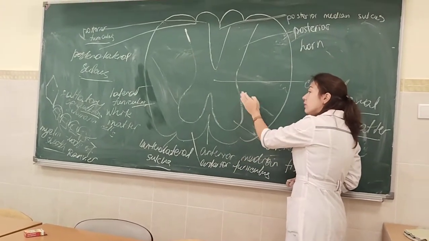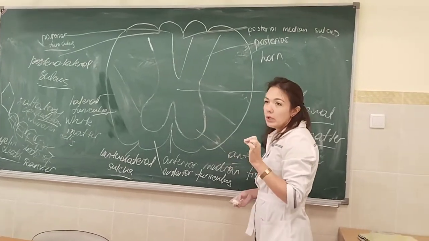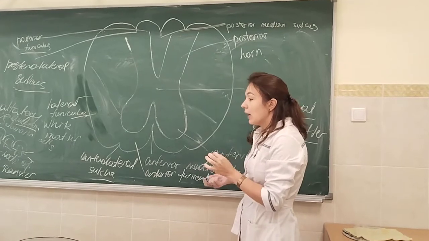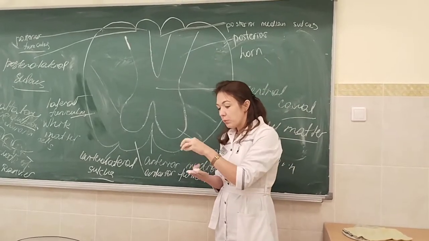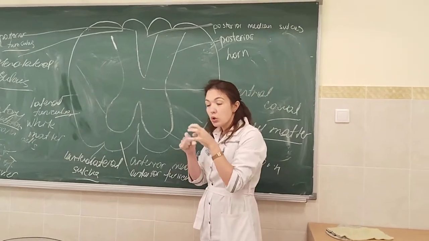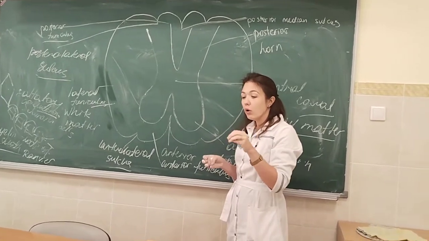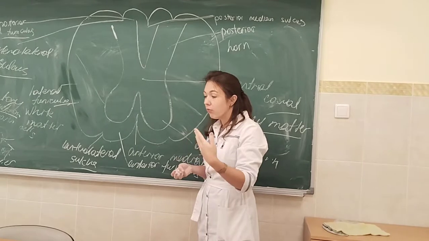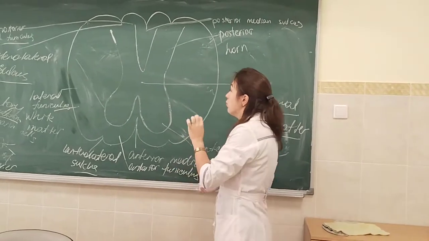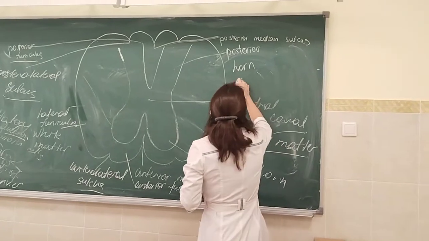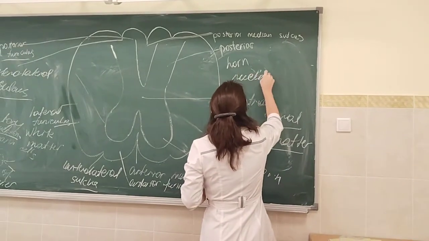Inside the horns, in the gray matter, neuron bodies are also arranged, yes? Neurons which perform the same function join together to avoid a loss of function in case of injury or death of one of them. So they form here nuclei. You have to know the definition of nucleus also for the next lesson.